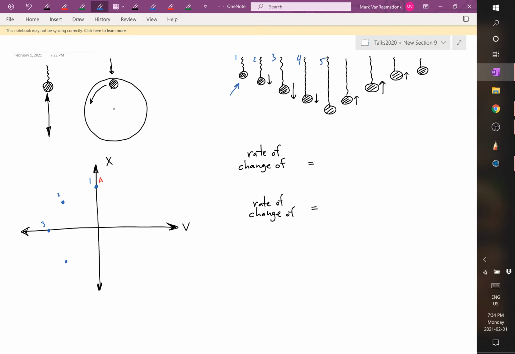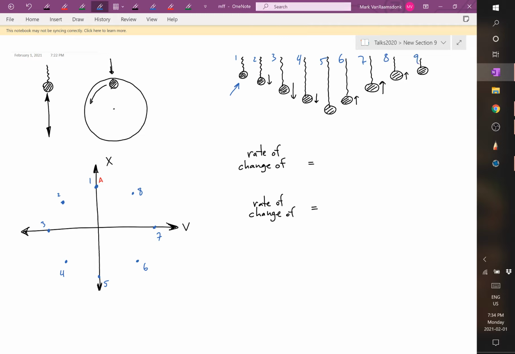And then number 5, the velocity is 0, so 0 on the x-axis, and on the y-axis we're at the lowest position. Okay, and so I can just then fill in the rest, 6, 7, 8, and then 9, we're back to the start.